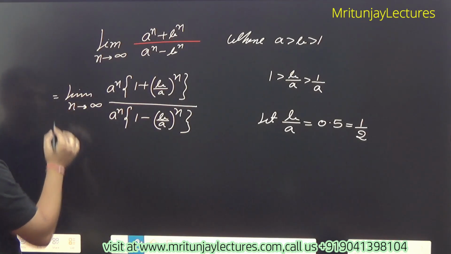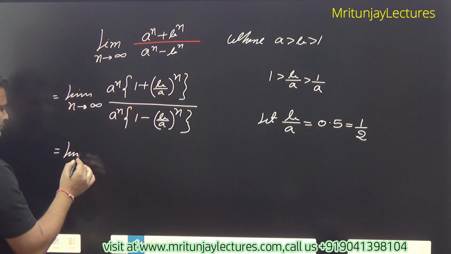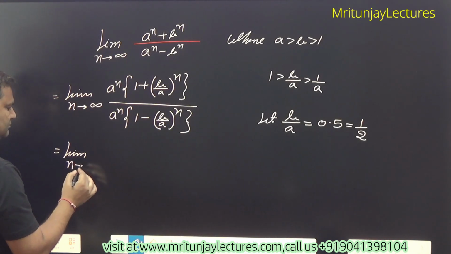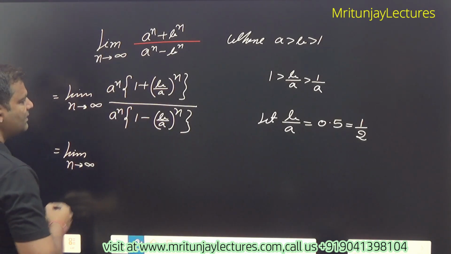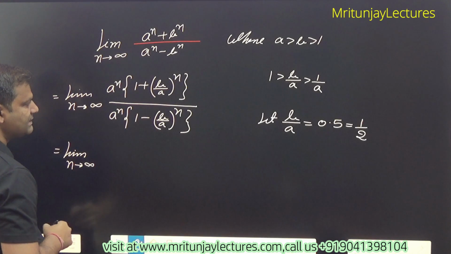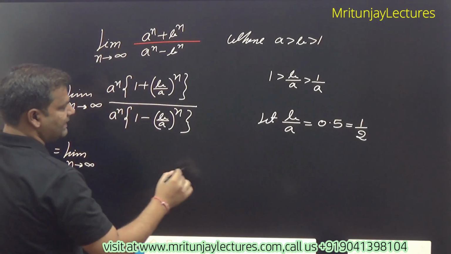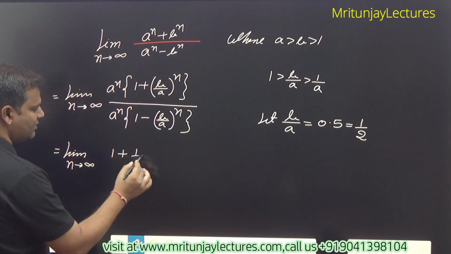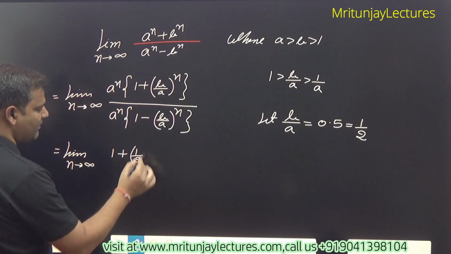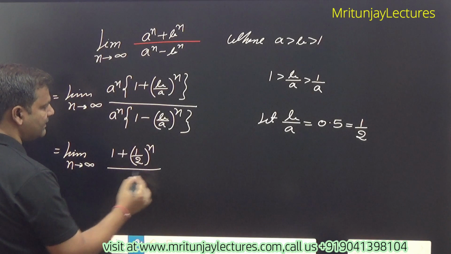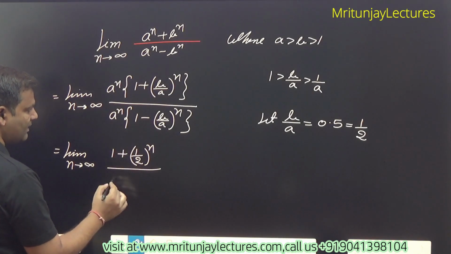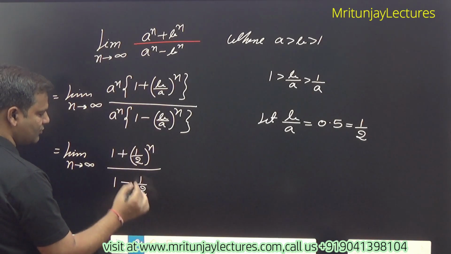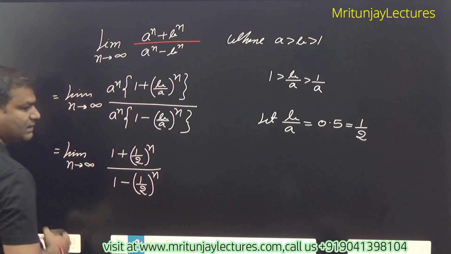Okay, so a^n cancels out, and b by a is 1 by 2. So we get (1 by 2) to the whole power n divided by 1 minus (1 by 2) to the whole power n.